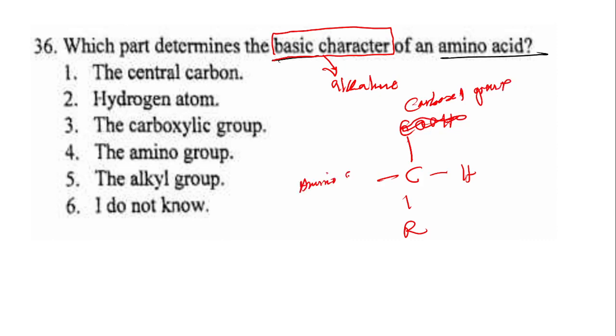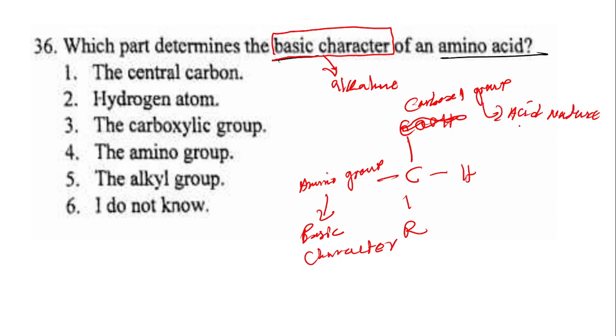This one is determining the basic nature, the basic character, of an amino acid. Sometimes they'll ask you which one makes the amino acid to be basic. And then this one is the acidic nature of an amino acid. So here the answer was simply 4.